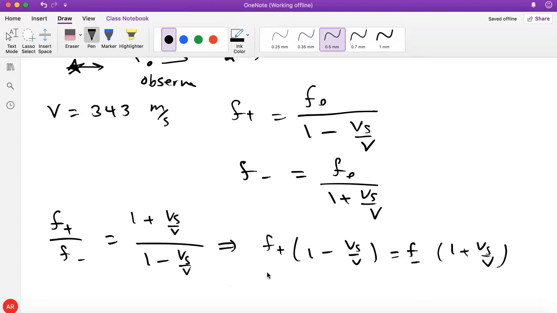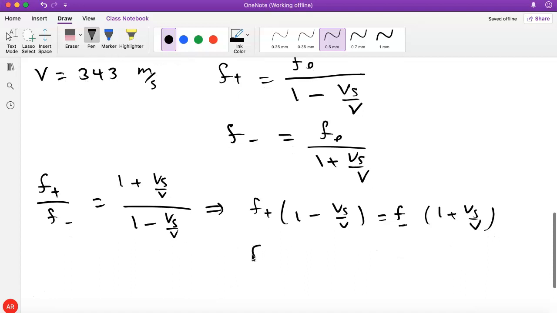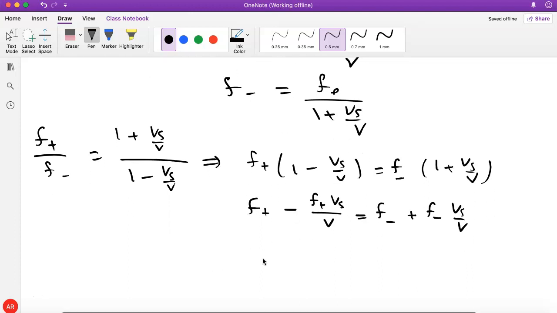So this gives me F plus minus F plus Vs over V is F minus plus F minus Vs over V. So I bring the terms that have Vs together. Let's take this term to the other side.